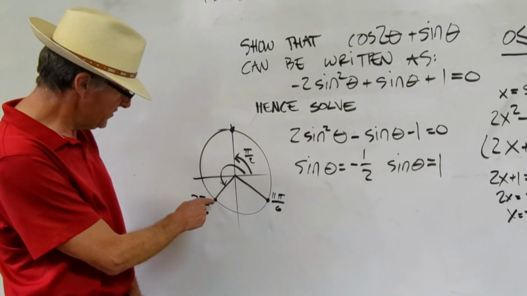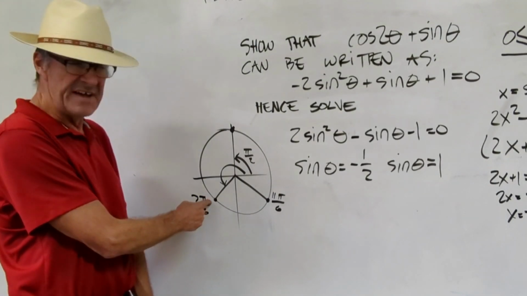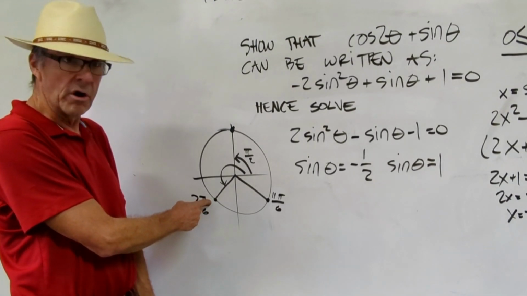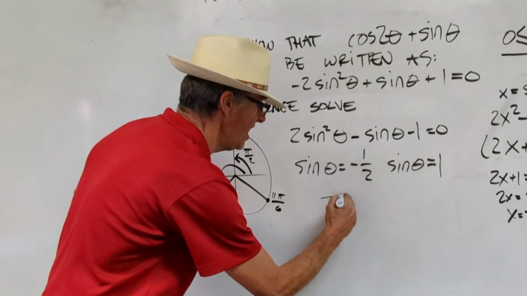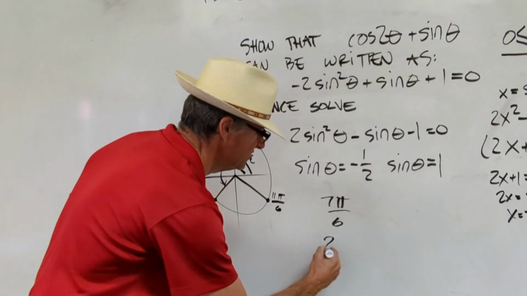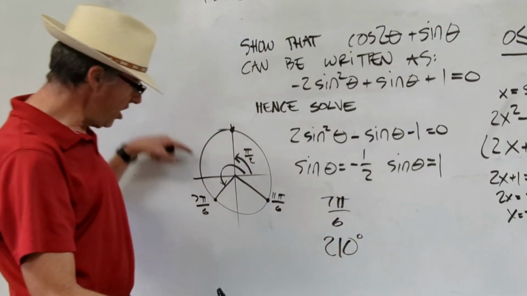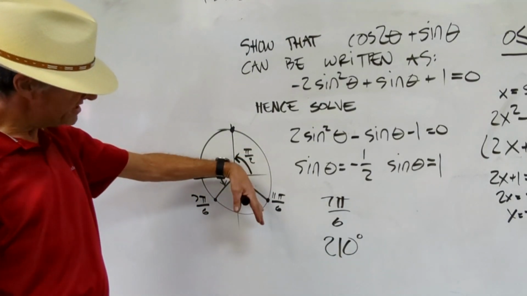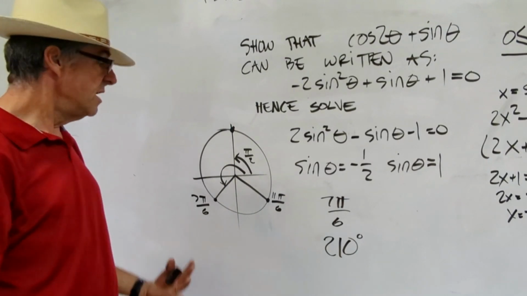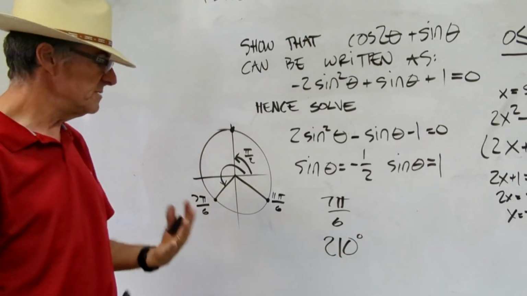So that occurs at 7 pi over 6, or 210 degrees. That's my first one. And then it also occurs again at 11 pi over 6. That's 30 degrees down, which would be minus 30, but since we're coming around this way, we have to be positive.